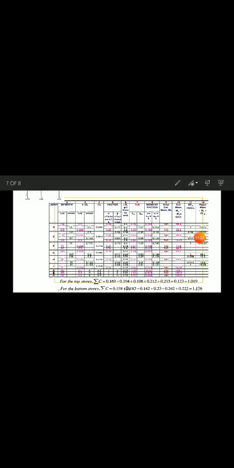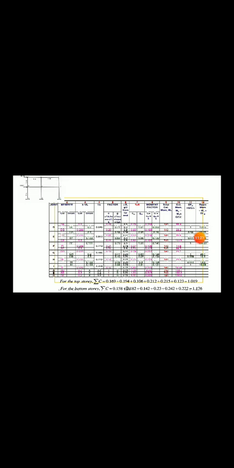You can see that for the top story sigma C is for every column, the sum of capital C of every column: DA and DG, EH and EB, FI and FC.